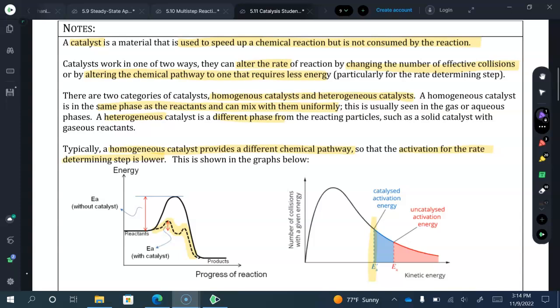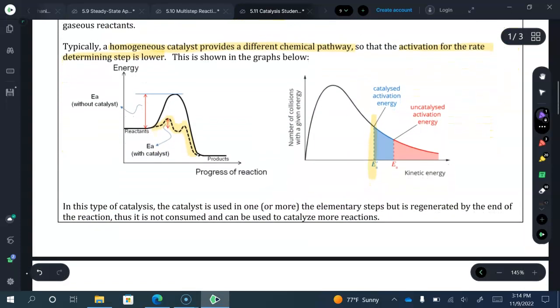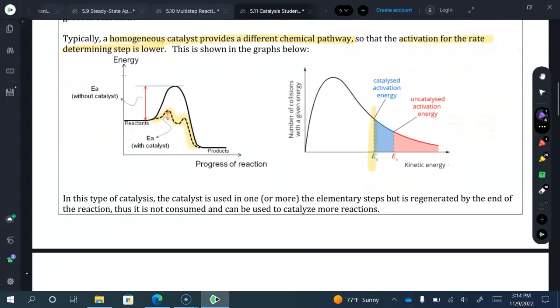Typically, homogeneous catalysts provide a different chemical pathway so that the activation energy for the rate determining step is lower. We see this in the graphs below, where we have our general reaction, and then the addition of the catalyst does break it into two separate reactions, but it also drops that activation energy down significantly.